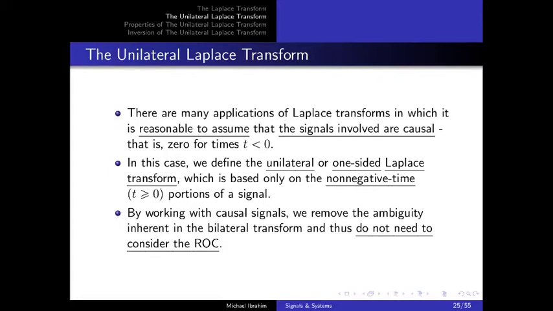We had to say this expression for x of s is valid for this region of convergence. But here, working with unilateral Laplace transform with causal signals, the signals will be always right-sided, so the region of convergence will always be right-sided starting at the rightmost pole extending to infinity. In other words, we do not need to specify the region of convergence for the unilateral Laplace transform.